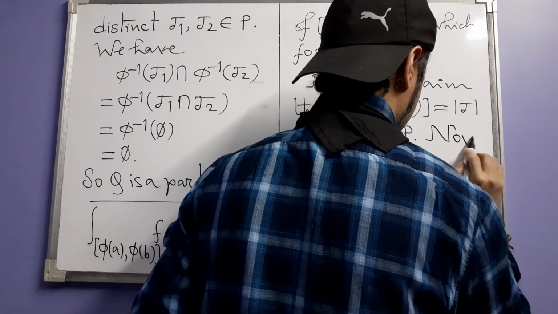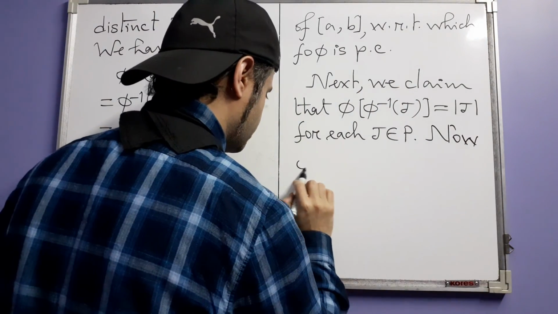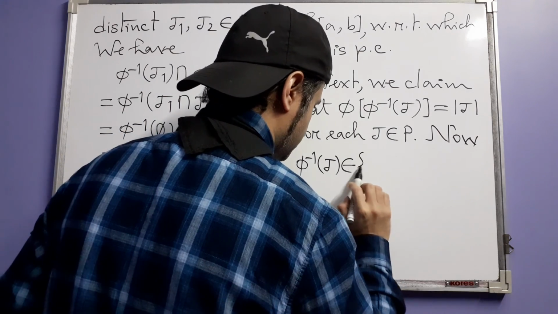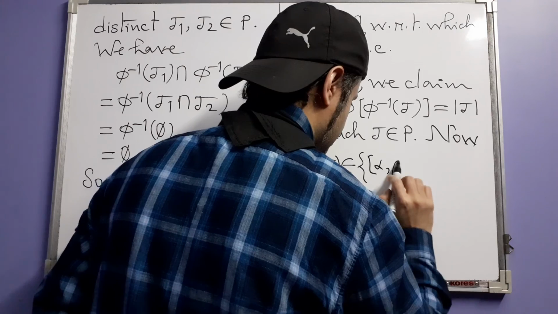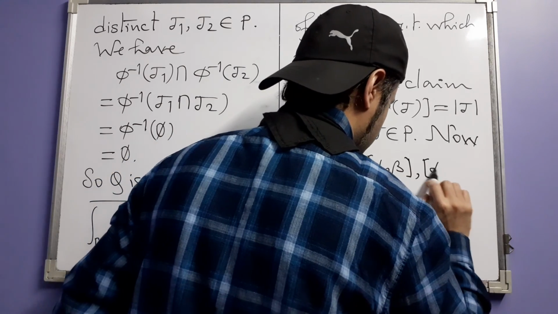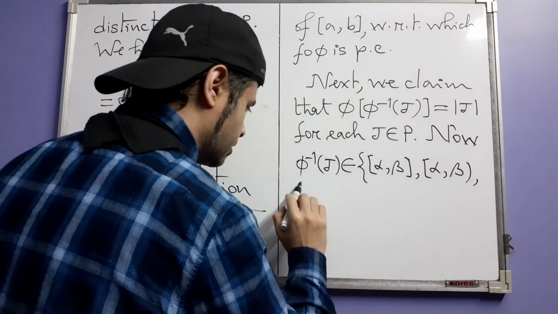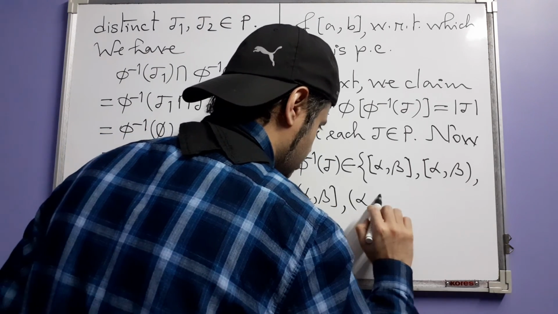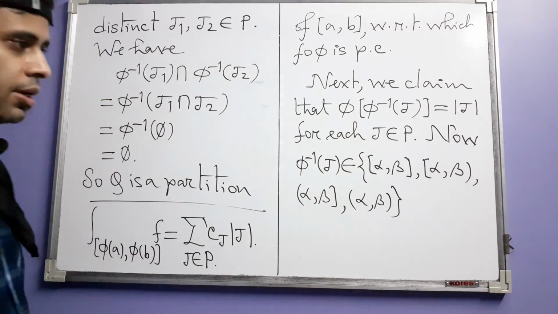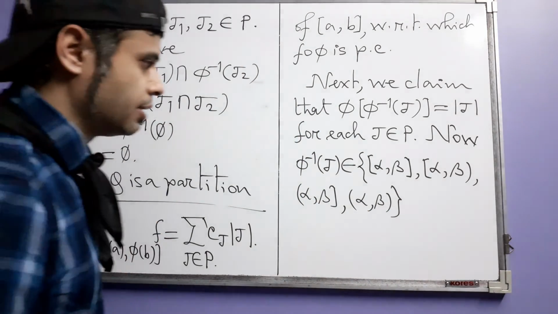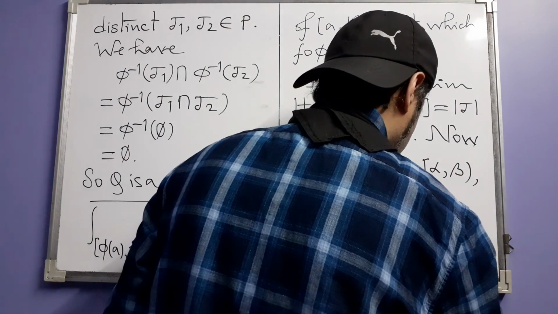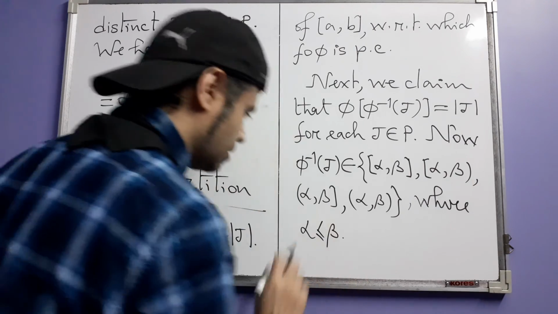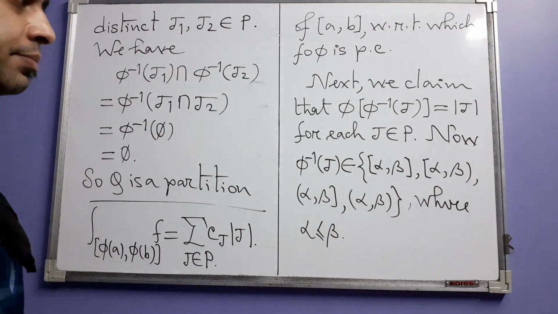Now, phi inverse of J is either a closed interval or a closed open interval or an open closed interval or an open interval whose endpoints are, say, alpha and beta, where alpha is less than or equal to beta.